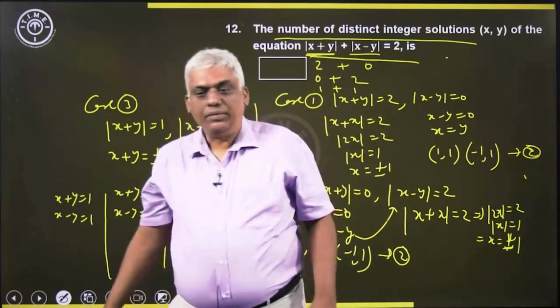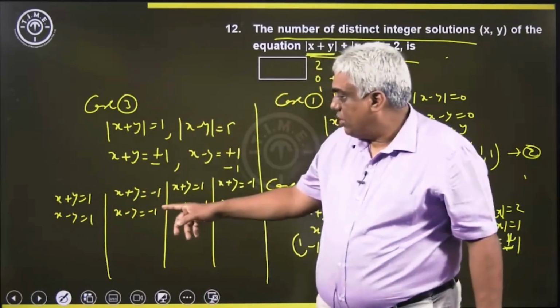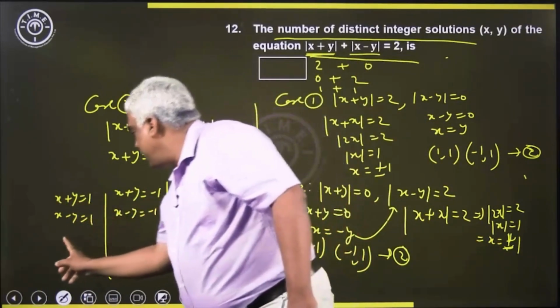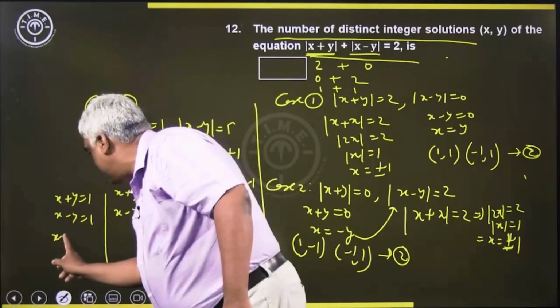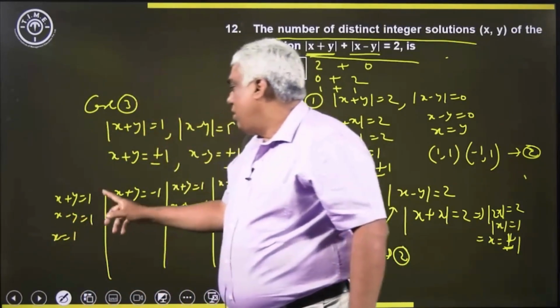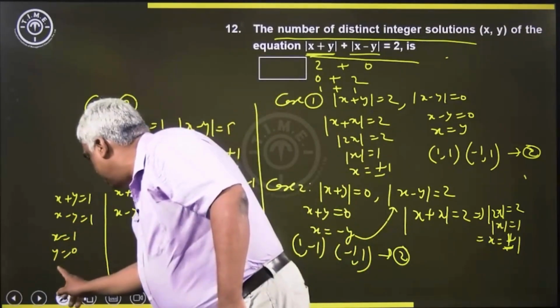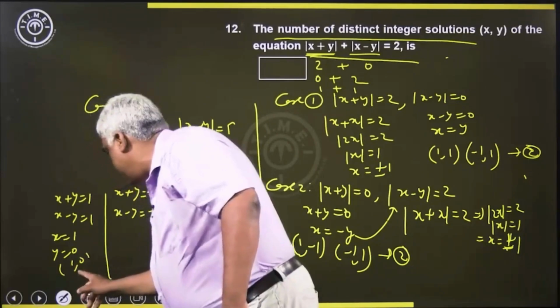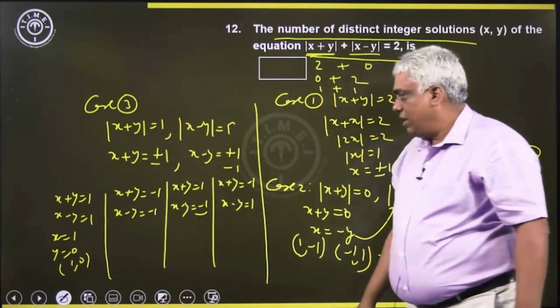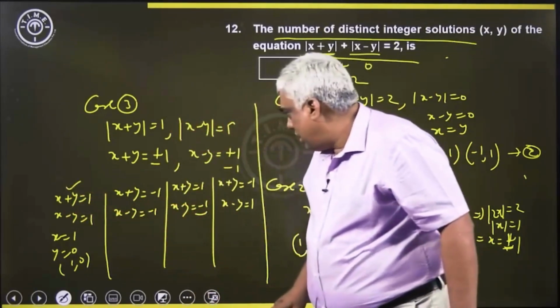Now you see, in the first case, if you add both the equations, 2x equals 2, so x equals 1, and when x is 1, y will be 0. So one solution is 1 comma 0, right?